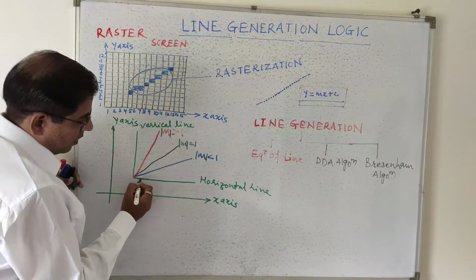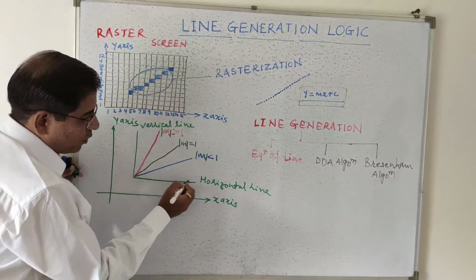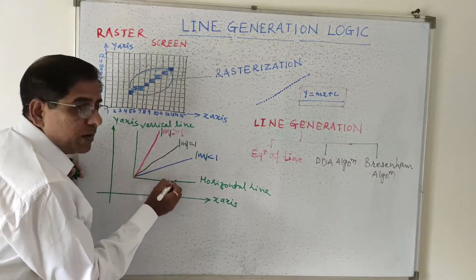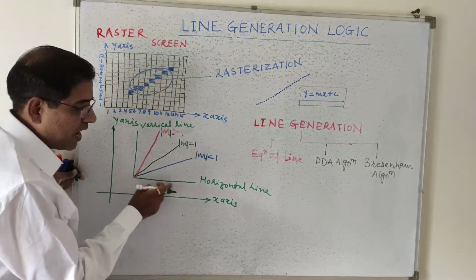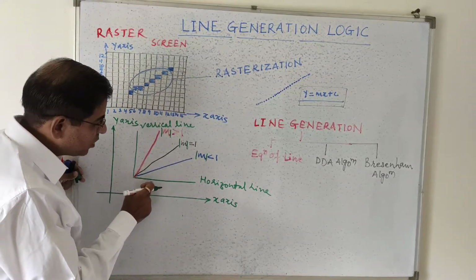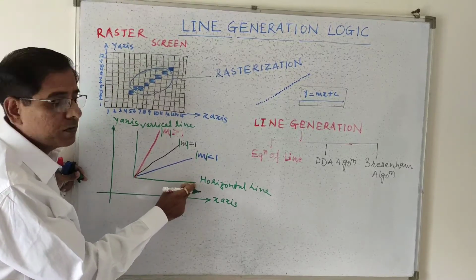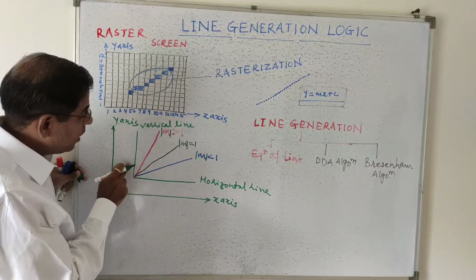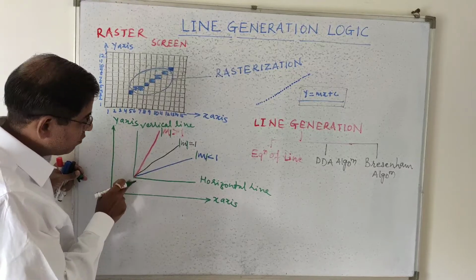Now, if you take an example of a horizontal line, in this horizontal line only the x value is incrementing. Okay, y remains constant. If the line is horizontal, only the x value is incrementing from start point to end point. In case of a vertical line, only the y value is incrementing from start point to end point, whereas the x value remains constant.